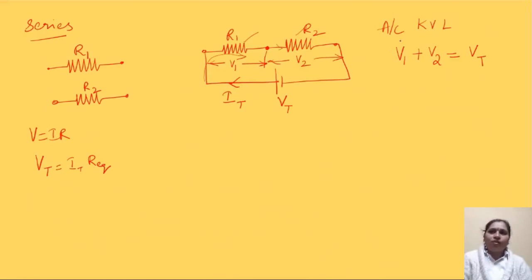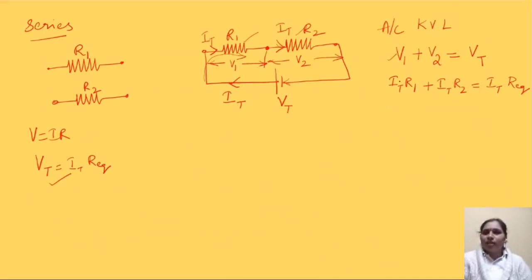The formula for V1 is nothing but, as the current flowing here is the total current IT, and in resistor 2 the same current is flowing so that it can reach its negative terminal. So IT into R1 is your V1, plus IT into R2 is your V2, and we also know that VT is nothing but IT into R equivalent, that is total current into R equivalent.